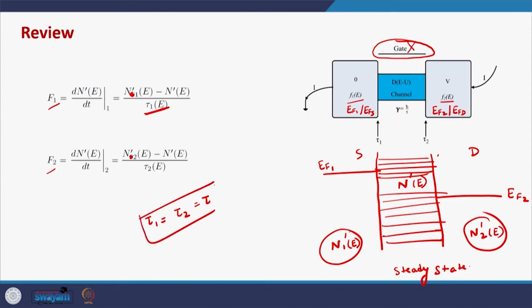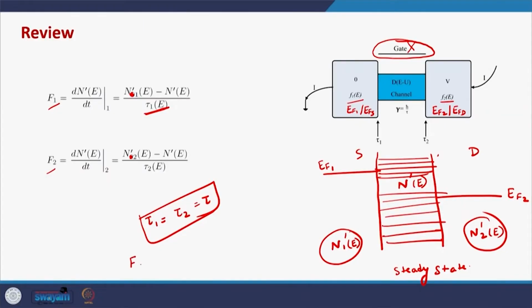In steady state the net flow is constant. So, the rate at which electrons are jumping from the source into the channel will be equal to the rate at which electrons are jumping from the channel to the drain, or the net rate of electrons coming to the channel is 0, so this can be written as F1 plus F2 is equal to 0, or F1 is equal to minus F2.